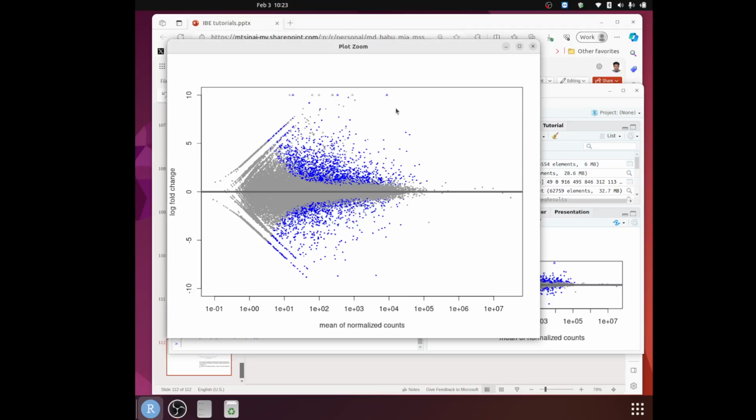But if the log two fold change is highly upregulated and their mean of normalized count is quite good, then these genes are really good representing upregulated genes or differentially expressed genes.